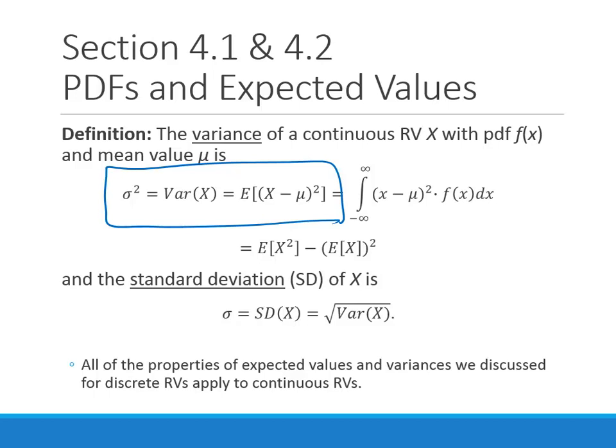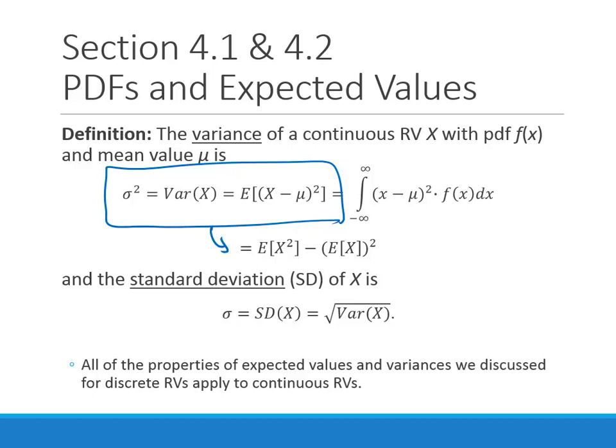That part's exactly the same, but now to calculate that, we do an integral instead of a sum. And the nice thing is that our little shortcut calculation still holds up here. That will often be easier than calculating the thing on the first line. And then the standard deviation is just the square root of that.